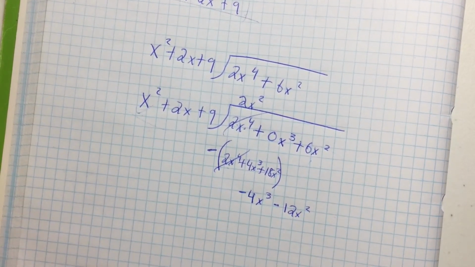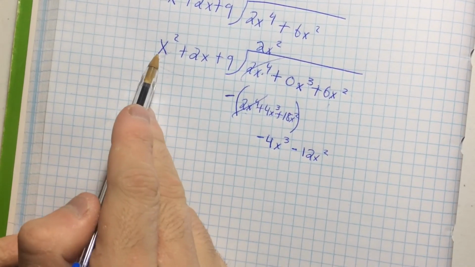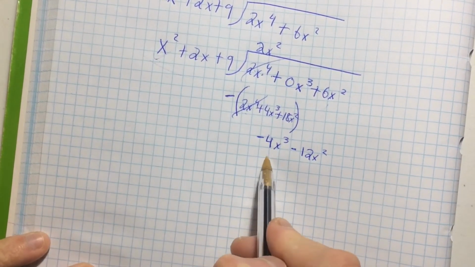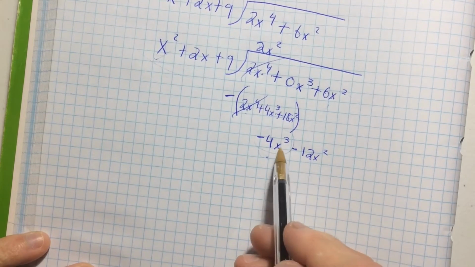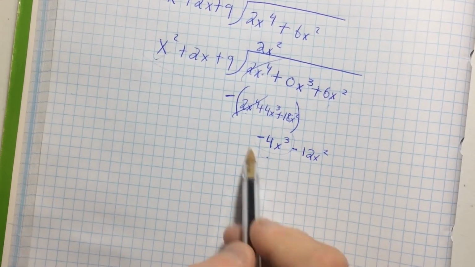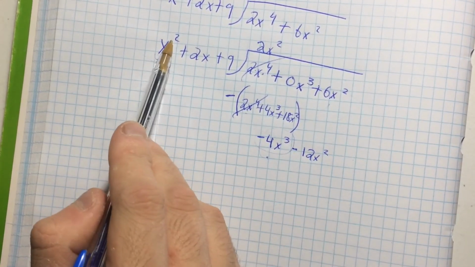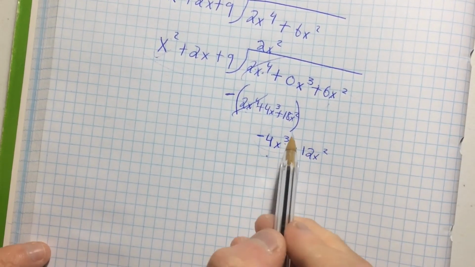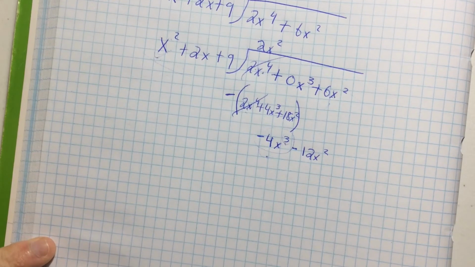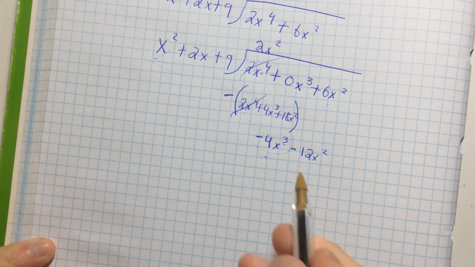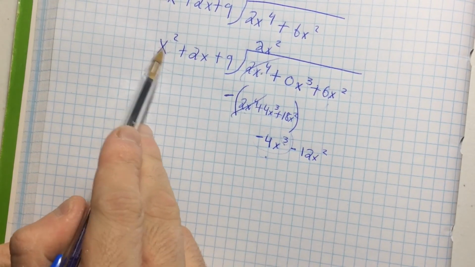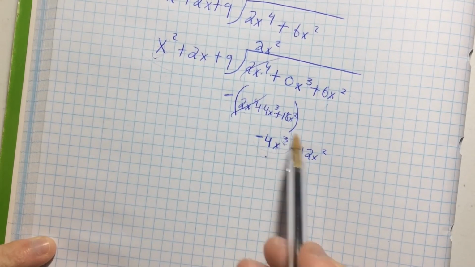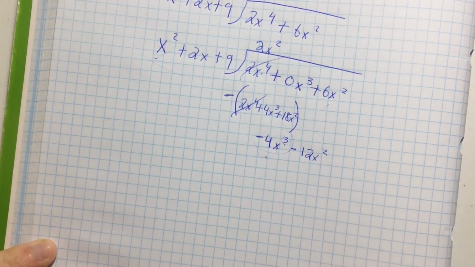And now we start the process again. We say to ourselves, how many times does this guy go into this guy this time? Because this guy's now the first term. And you keep doing this until this power term is lower than this term here. See how this is higher than x squared? That means we have to do polynomial long division again. That's the key. So x squared times, how do I get this to become minus 4x cubed?